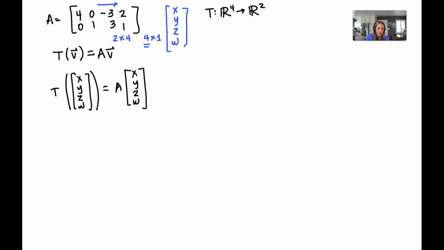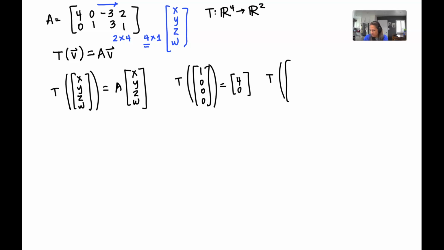I could also define this transformation based on the transformations of the standard basis vectors. So in R4, our standard basis vectors are, I'll be good about them and actually write them out, 1, 0, 0, 0. And if I did that multiplication, I'm just going to end up with 4, 0. We have T of 0, 1, 0, 0.